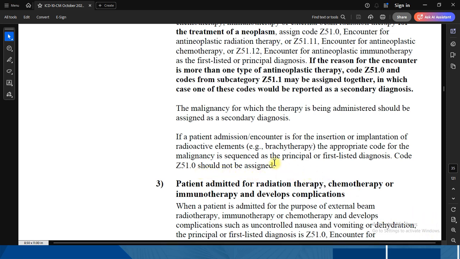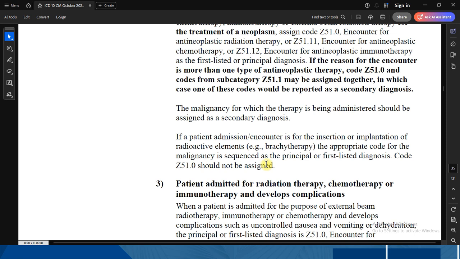Now we have a doubt. Here also radioactive elements are placed, and in Z51.0 also the patient undergoes radiation therapy. So what is the difference between these two? Basically, in antineoplastic radiation therapy, the radiation is applied from outside the body, whereas in brachytherapy, radioactive seeds are implanted into the tumor location.